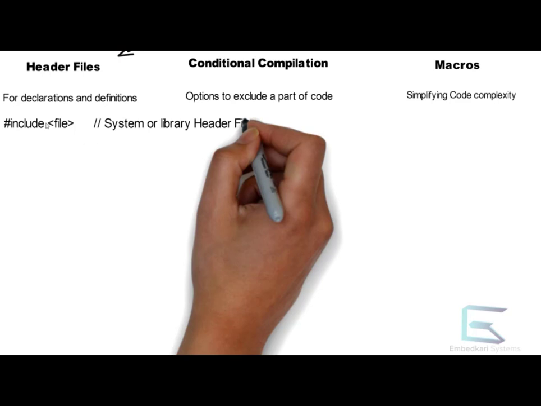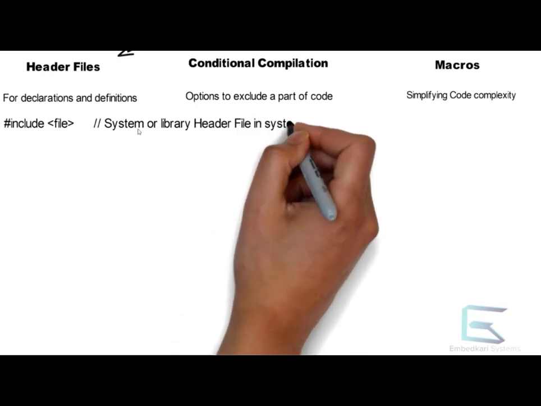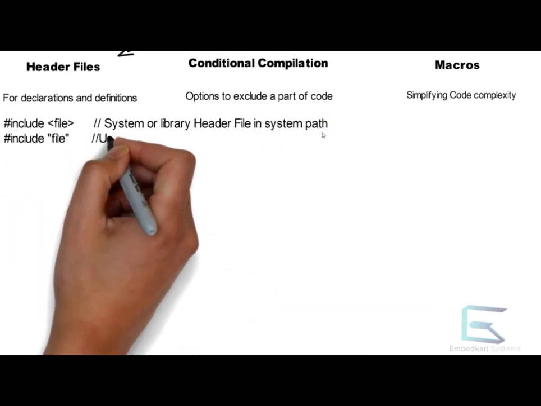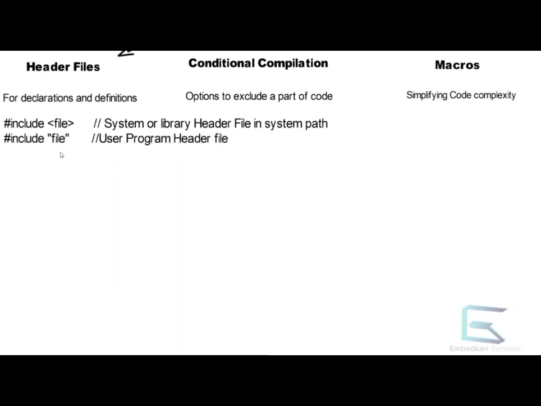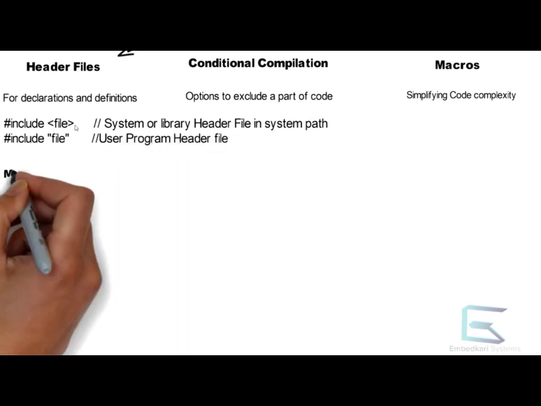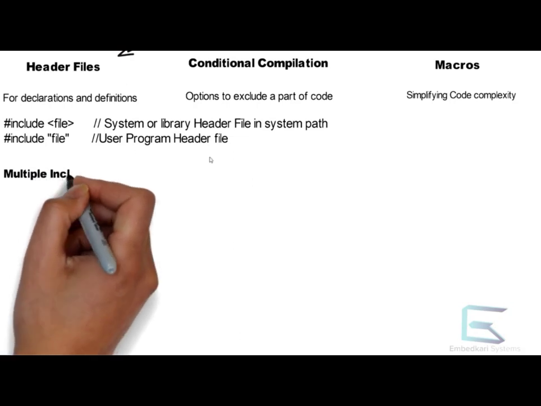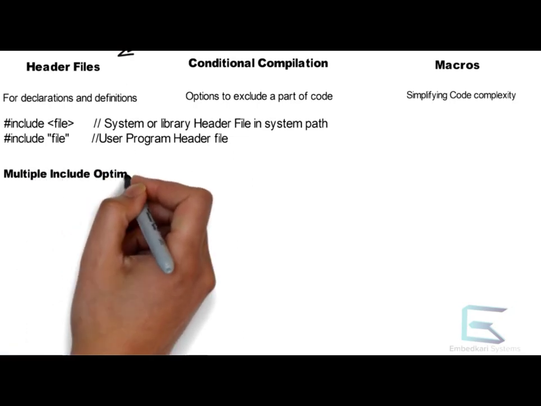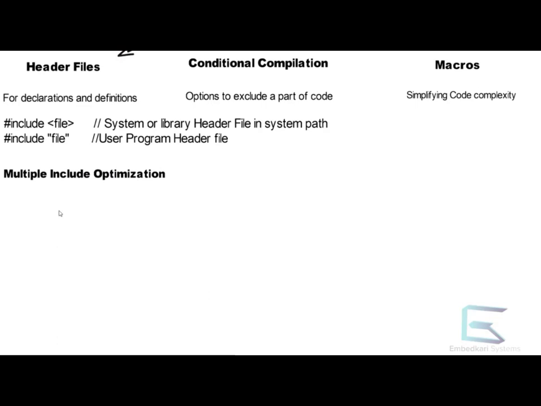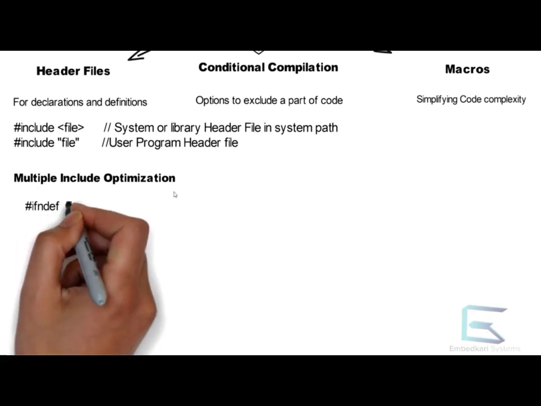And this particular notation is for system or library files, so it will look from that particular path, and this double quotation symbol is for the user specific header files. So this is the path based thing.